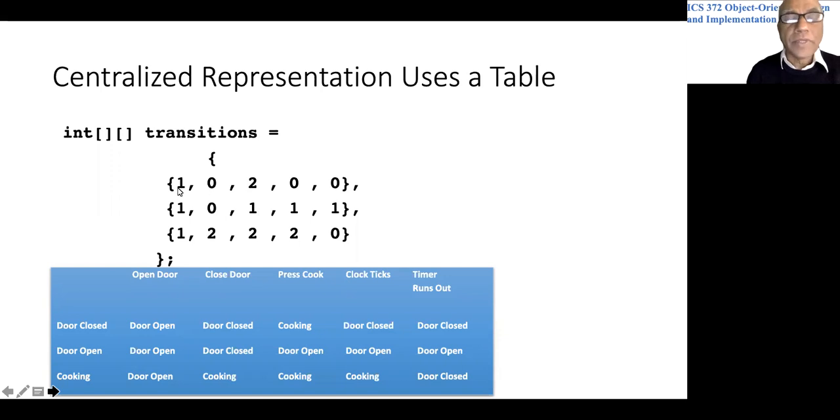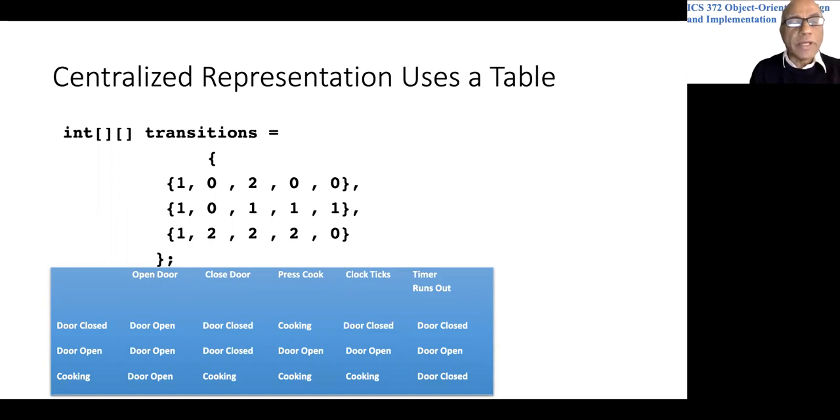entries mean? Well, what we do is we number these states in any order. Since we have written this state transition table this way, we are going to have 0 for door closed, 1 for door open, and 2 for cooking.